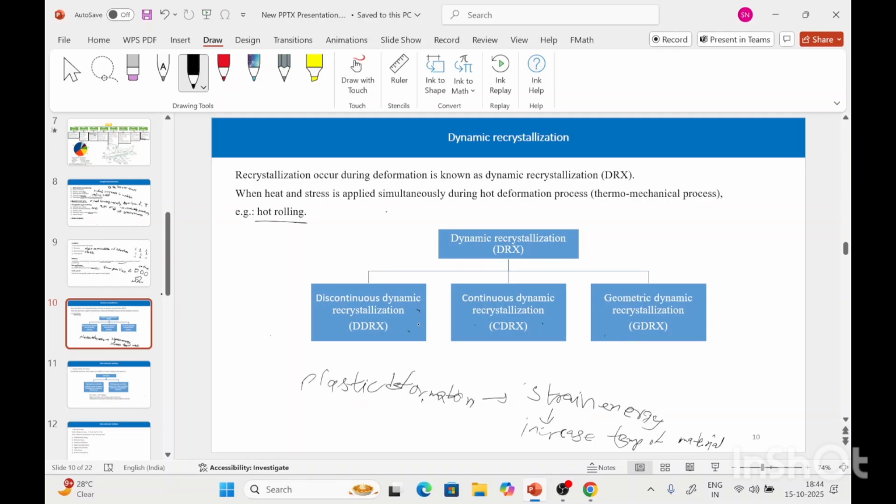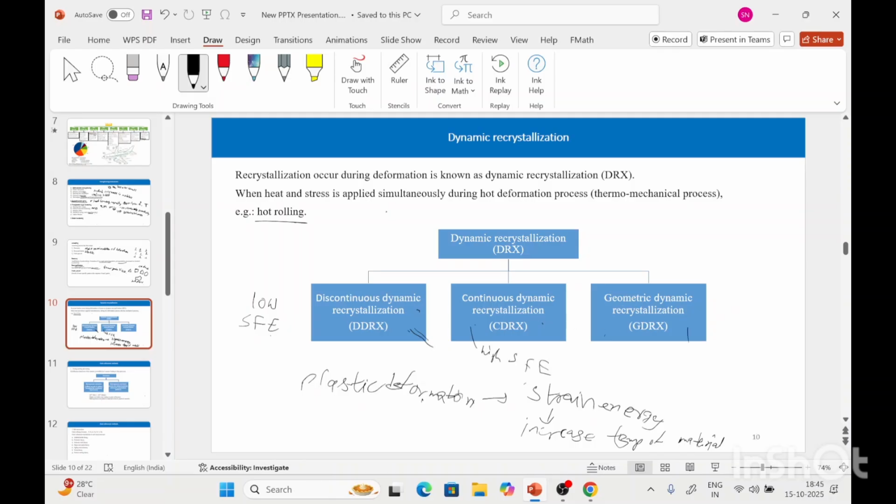So discontinuous dynamic recrystallization generally happens in materials which have low stacking fault energy, and continuous dynamic recrystallization occurs for high stacking fault energy materials.